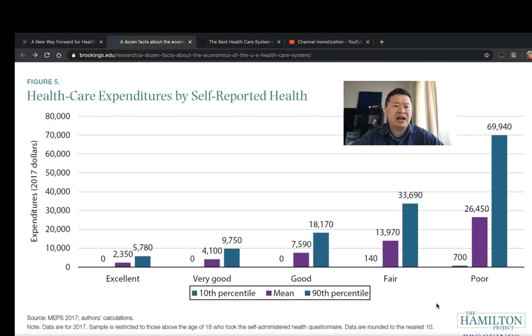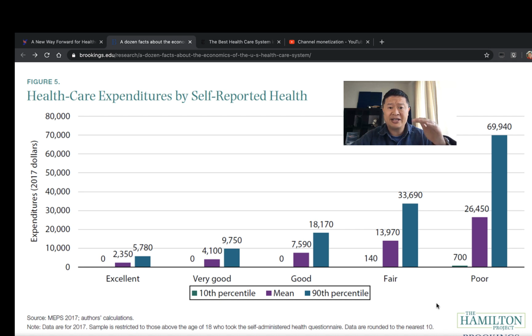This chart looks at how much we're spending on healthcare based on people's self-reported health. So people who believe that they're in excellent health will typically spend on average about $2,000 per year for their healthcare. And then you can see the difference where people who are in fair or poor health can spend on average either $14,000 or $26,000 a year on healthcare.